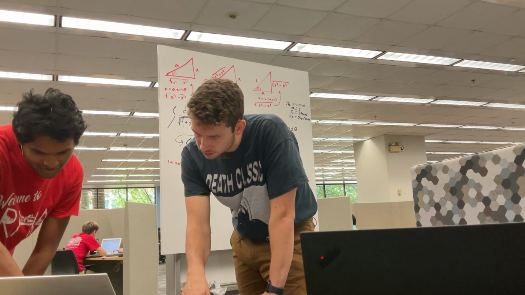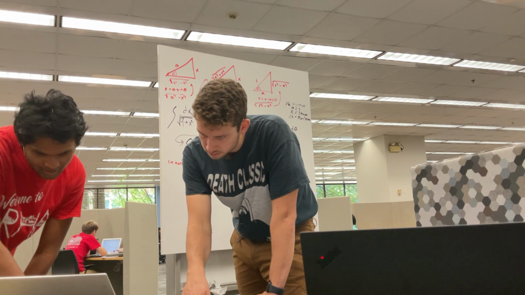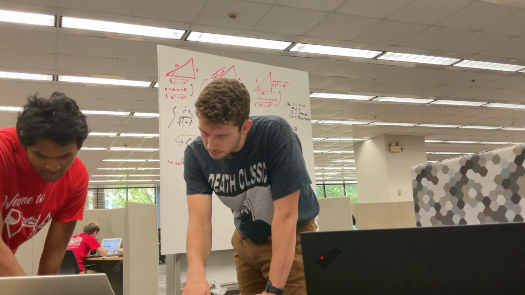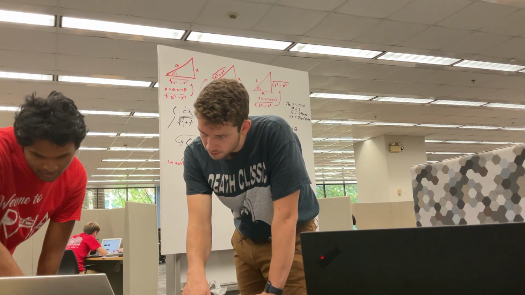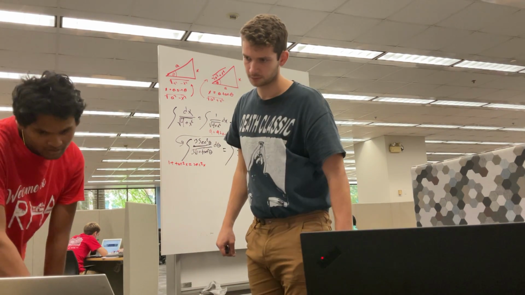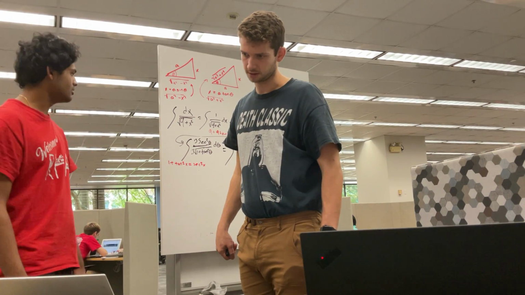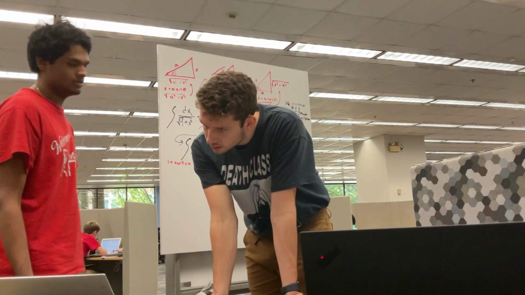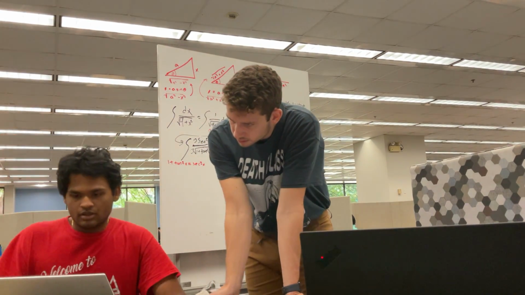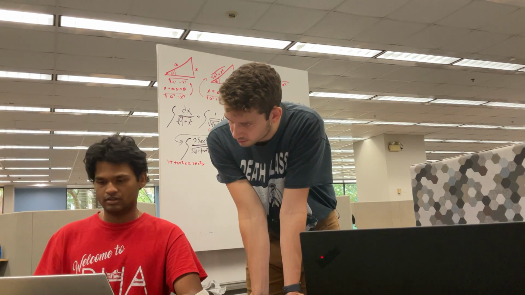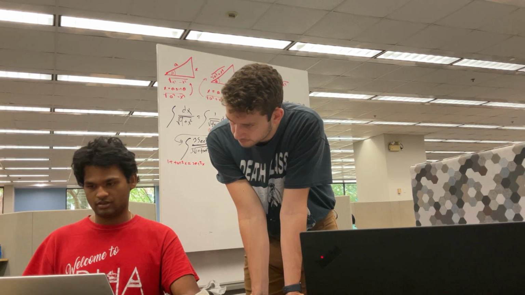Arc secant? Why is it so blurry? Okay, here's one. We have secant.